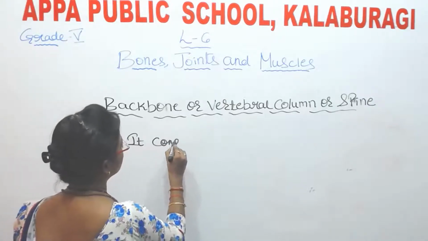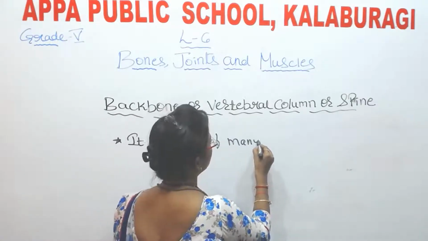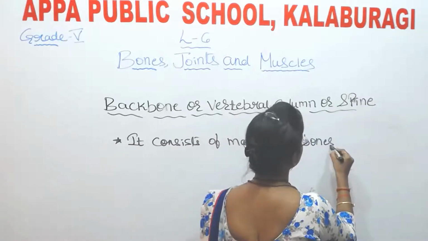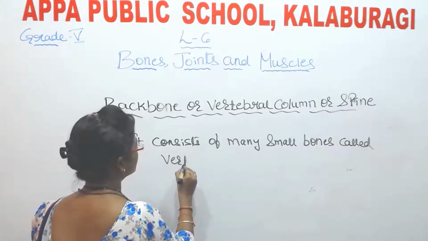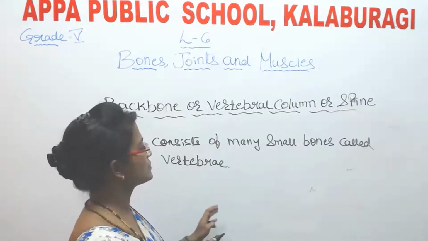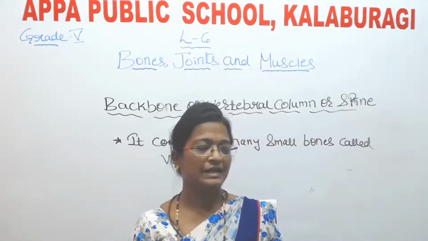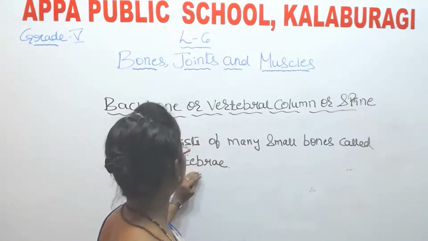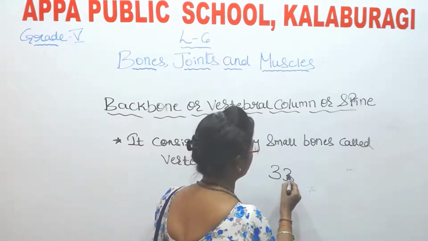It consists of many small bones called vertebrae. There are 33 vertebrae.